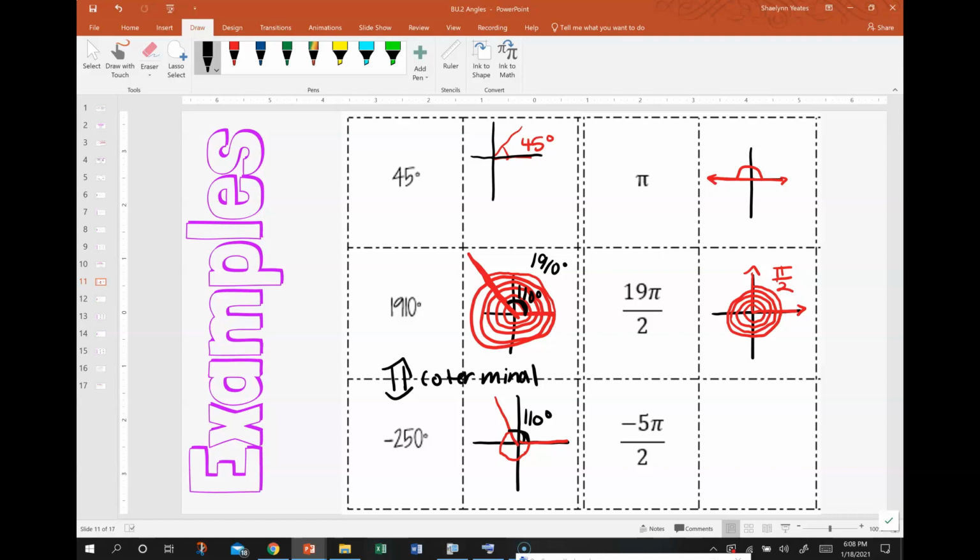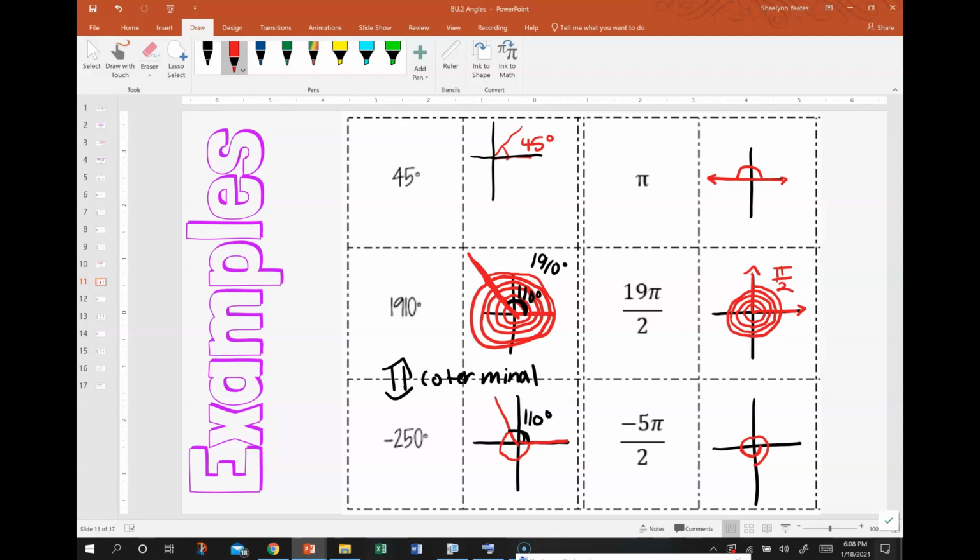So let's look at negative 5 halves. So again, we make our thing. We're going to go negative, so we are rotating negatively. There's 1 half, 2, 3, 4, 5 halves puts me here, if I was rotating negative 5 halves. Right? 1, 2, 3, 4, 5.